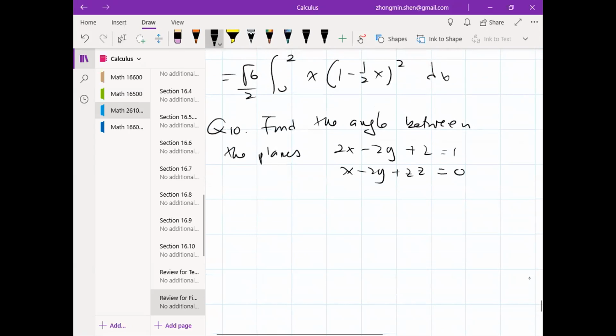Look at this. How do I draw it? I want to draw the two planes. Okay, it looks like two planes, right? So that is the angle. That's the angle.